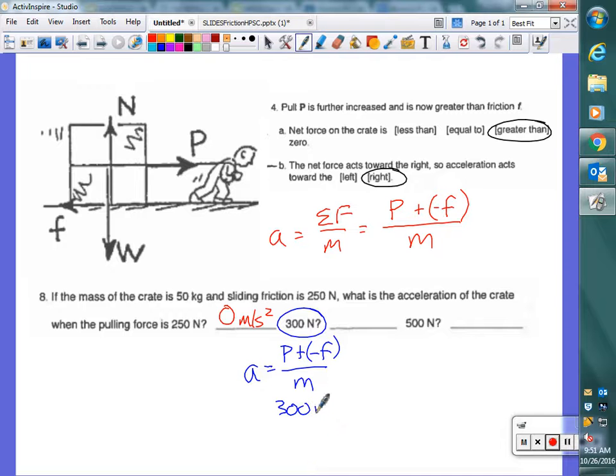So we're going to plug 250 in for F, but it's negative 250 because it's in the opposite direction. It told us that the mass of the crate is 50. So what is the acceleration in that situation going to be?